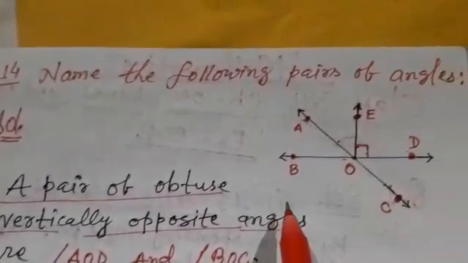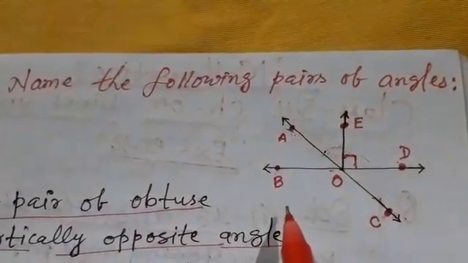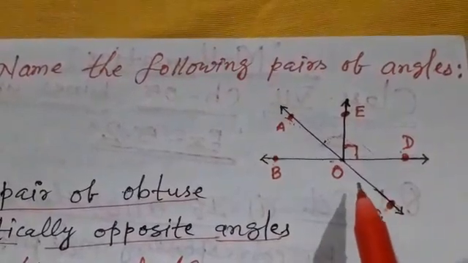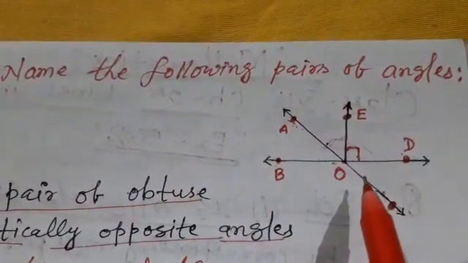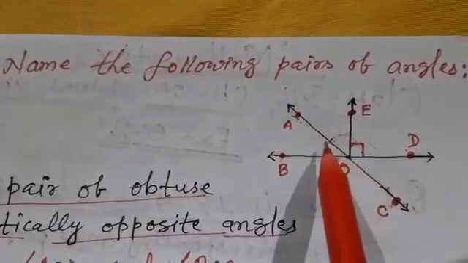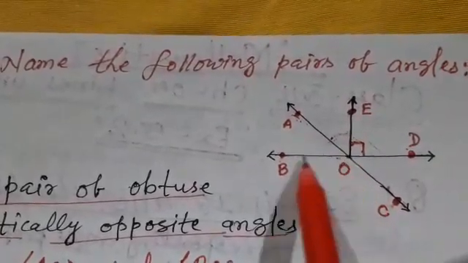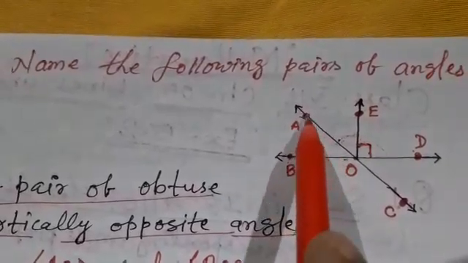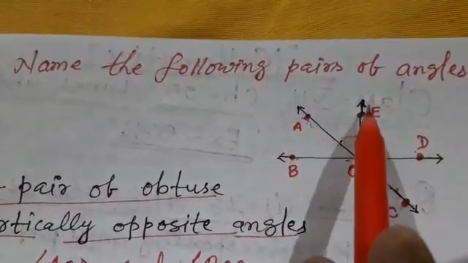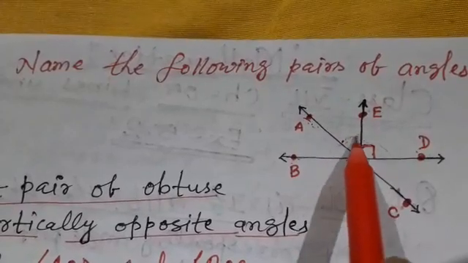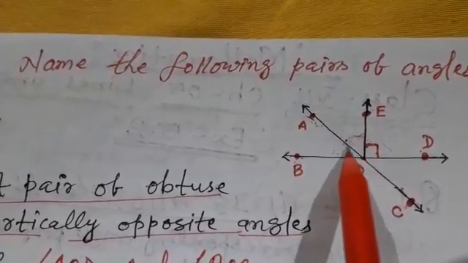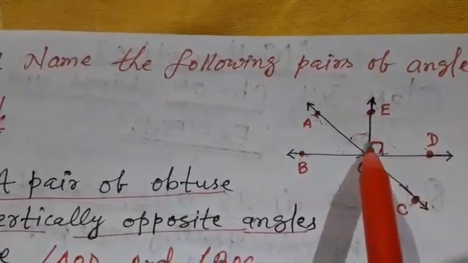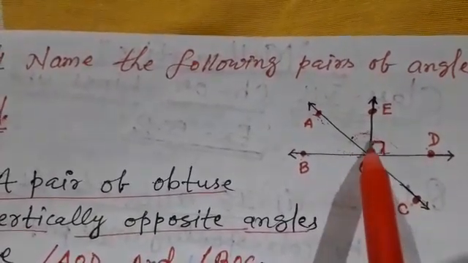Another question is adjacent complementary angles. Adjacent complementary angles means the sum of these two angles becomes 90 degrees. So angle AOB and angle AOE, the sum of these two angles becomes 90 degrees, because this angle is 90 degrees, hence the rest of it is also 90 degrees.